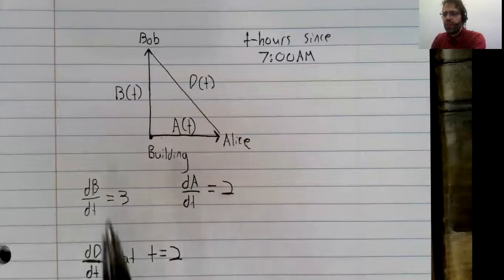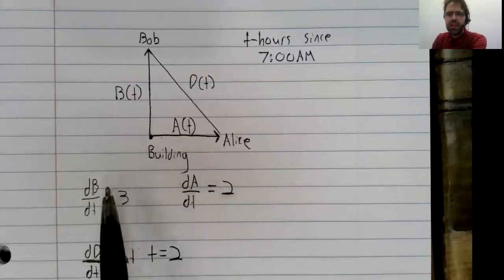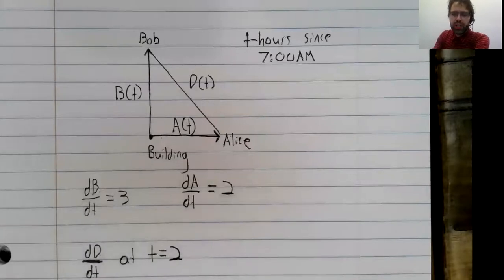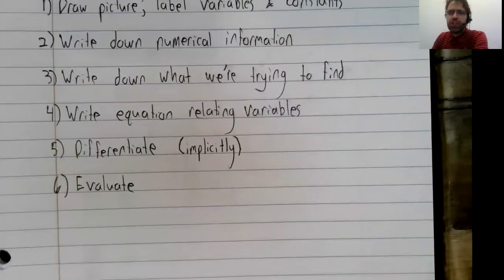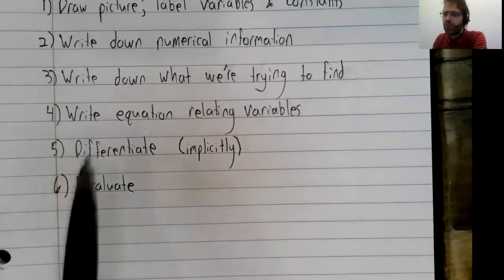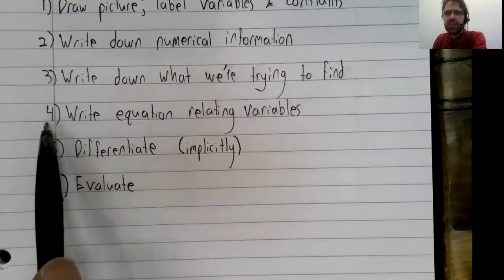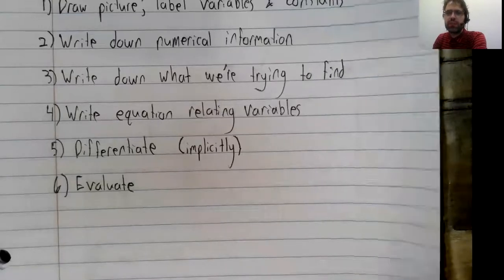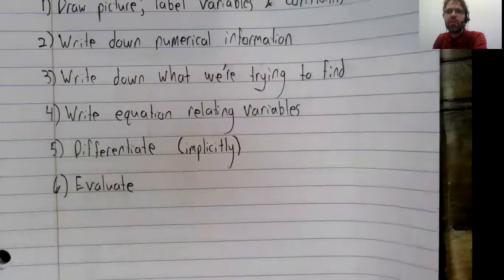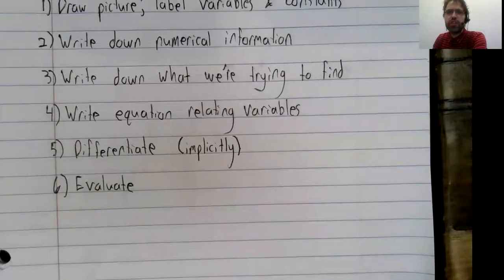We're given information about A and about B, and we want information about D. So according to this guideline, we should relate the variables we have information about, A and B, to the variable we want information about.